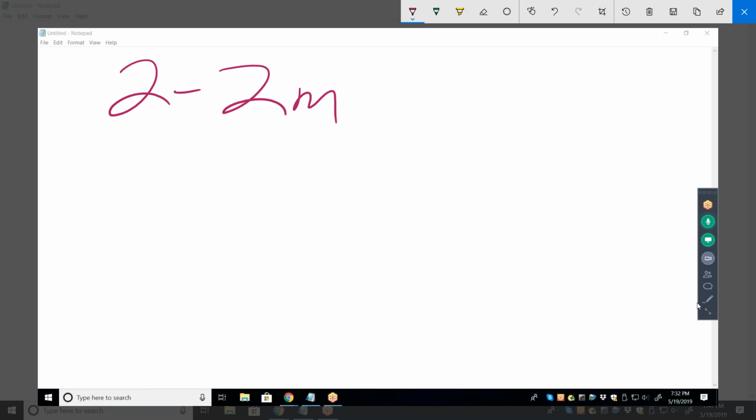It's the exponent, not the coefficient. That is a linear polynomial. In other words, whenever you have a polynomial that has a degree of 1, then you have a linear, meaning a straight line. If we were to graph that, it would be a straight line.